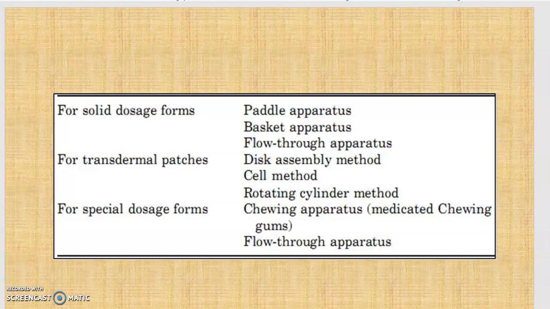This table over here just shows that the choice of the dissolution apparatus type is based on the type of dosage form which you want to test for dissolution. So depending on the solid dosage form or a transdermal patch or any other specialized dosage form that you have developed, you will choose a particular dissolution apparatus to study the release profile of the drug.